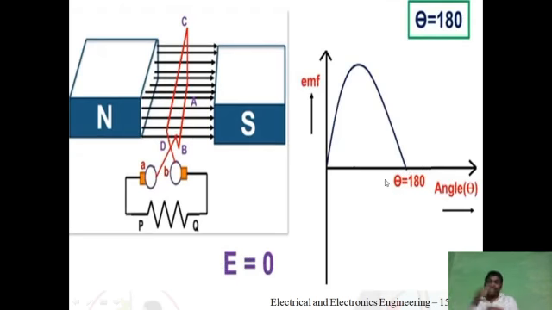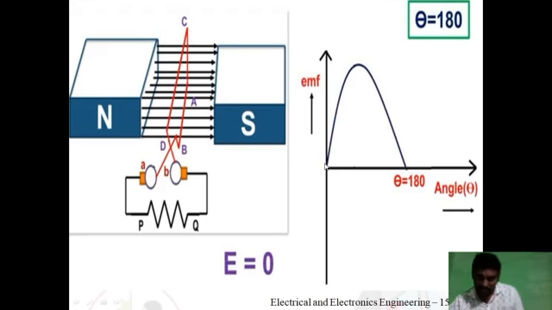So while analyzing this, you have to observe the plane of the coil and the components of velocity. Here, in this region from theta equal to 90 degrees to theta equal to 180 degrees, the rate of change of flux is decreasing. Hence, the amount of EMF induced decreases.